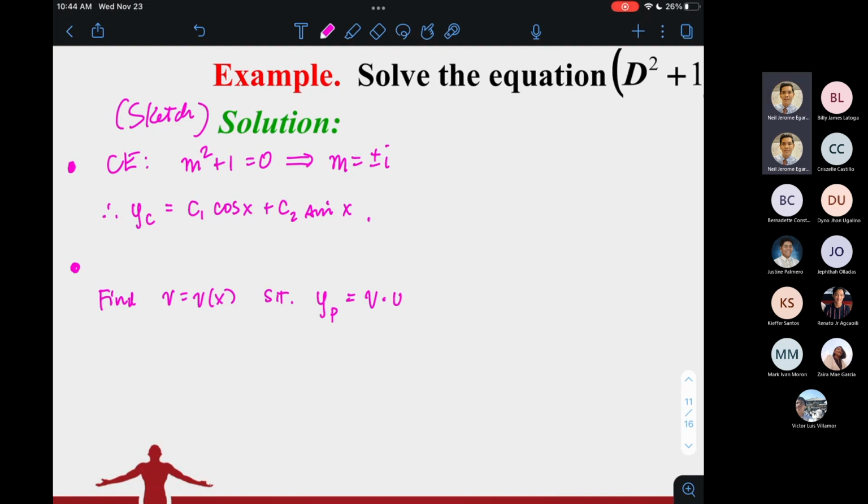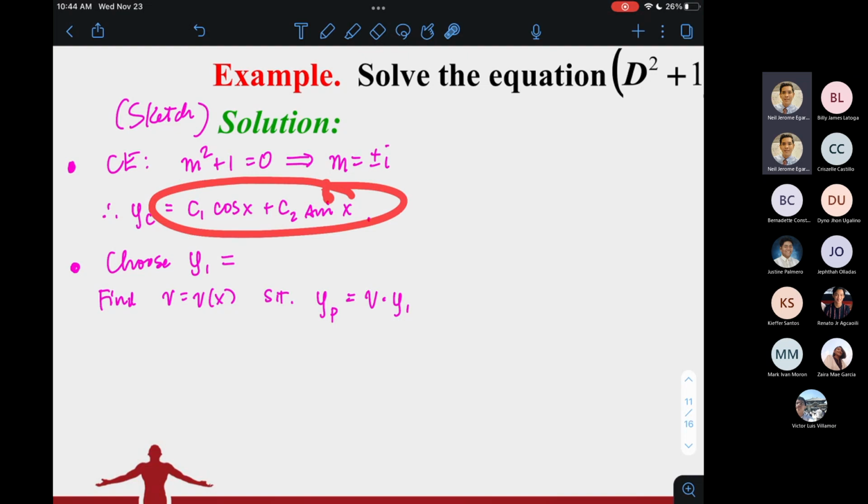So I need to find a function v such that v times y1 will be a particular solution of the non-homogeneous GLDE, all right? But what is y sub 1? We will just be choosing a particular y sub 1, a particular solution to the homogeneous GLDE. This is our solution for the homogeneous version of the GLDE. Just choose one particular case for this.